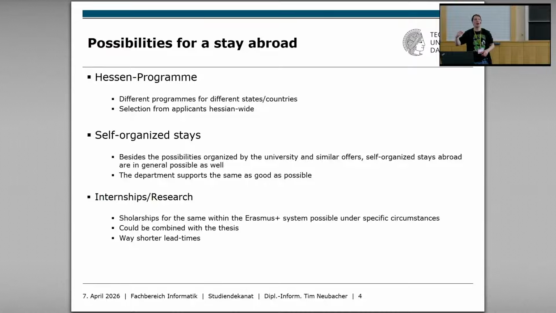So you have to apply in the International Relations Office, and you apply with all the Hessian students. But there are several partner universities in each of the states, Queensland, Wisconsin, Massachusetts. So you have a bunch of possibilities to select from, and the acceptance ratio for those programs from our department's point of view and the university's point of view is quite high.